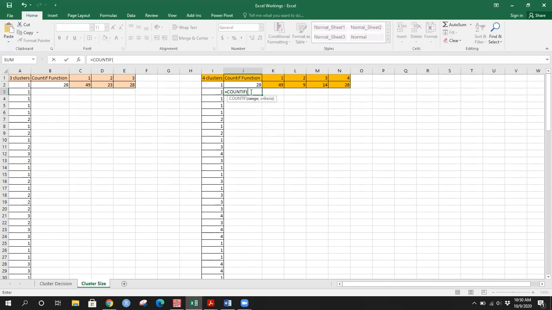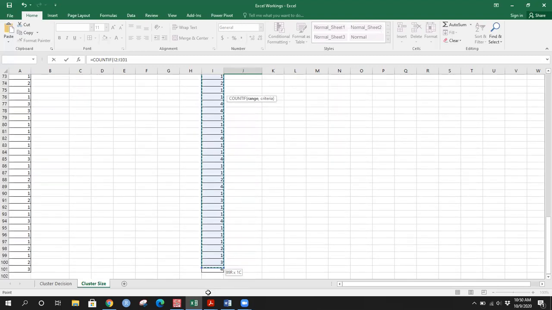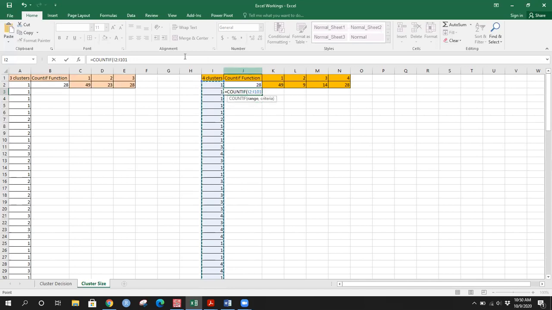okay? And then you give the range from which the COUNTIF has to be applied. So this is my range, okay? Now once you've given the range, you put a comma and you write the equivalent criteria. For example, you're looking forward to count all those observations which are numbered 1.